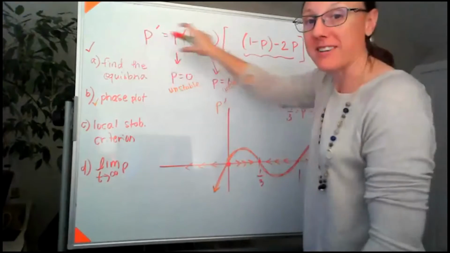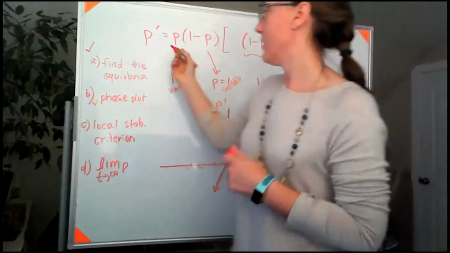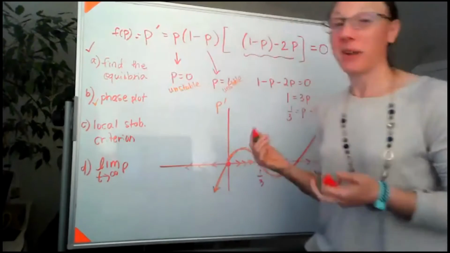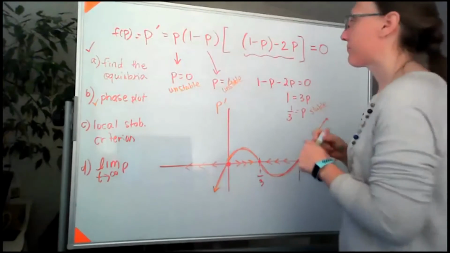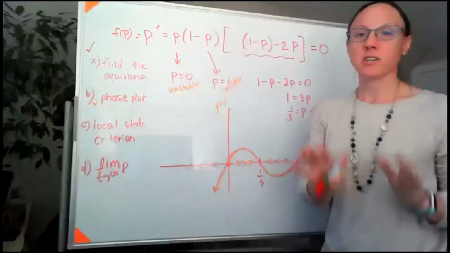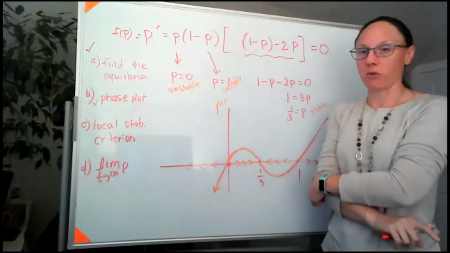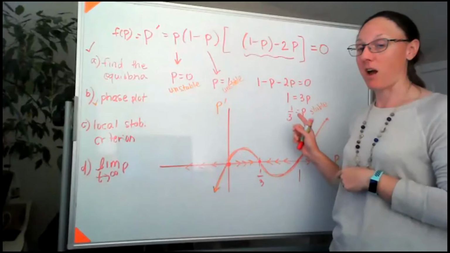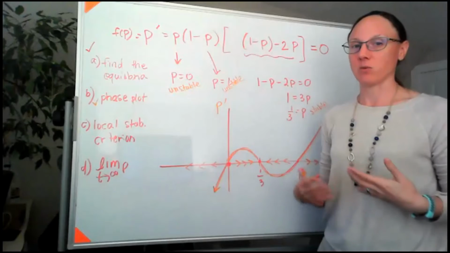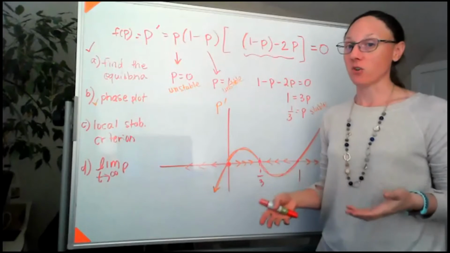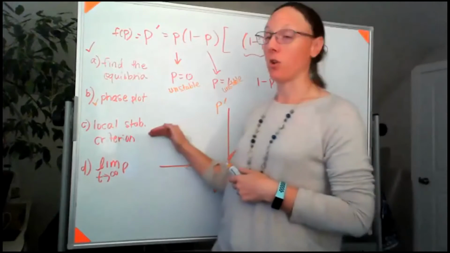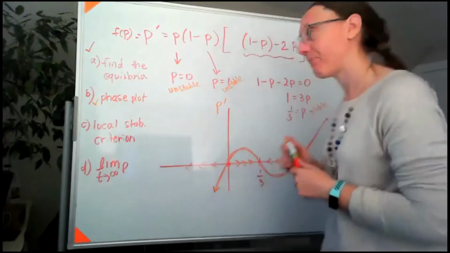So if I'm going to have to take a derivative of this, if I call this f of p, I personally want to multiply this stuff out, which is also an option for problem 3 in the homework instead of a phase plot, because for question 3, he didn't tell you that you had to use the phase plot. He just told you that you had to come up with the stability. So you can do that using the local stability criterion.